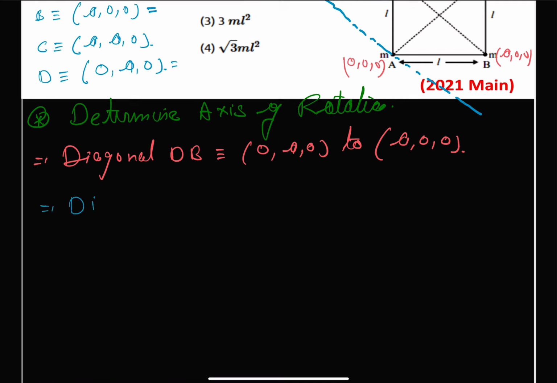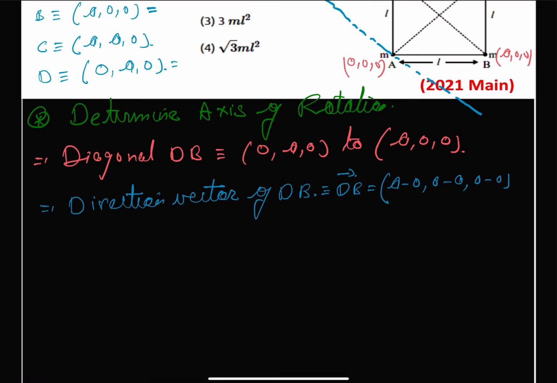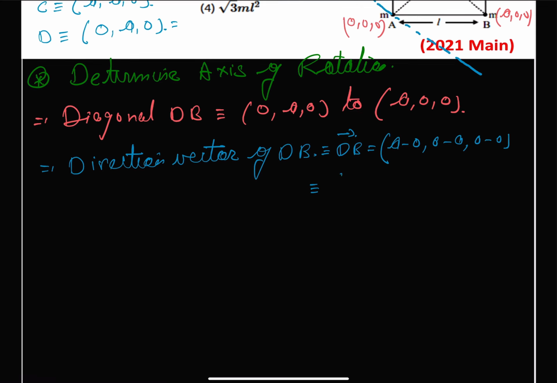The direction vector of DB can be represented as vector DB, which is given as a minus 0, 0 minus a, 0 minus 0, which comes out as a, minus a, 0. From here we can easily find the unit vector along DB.